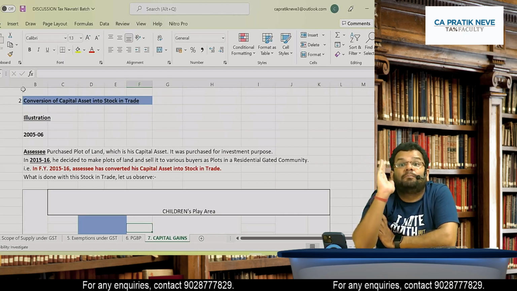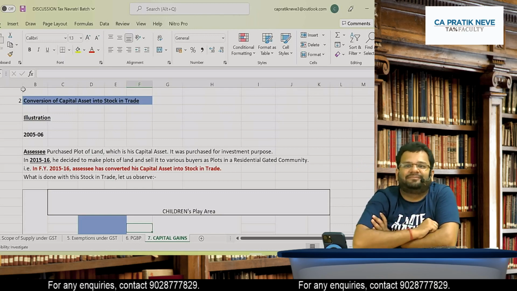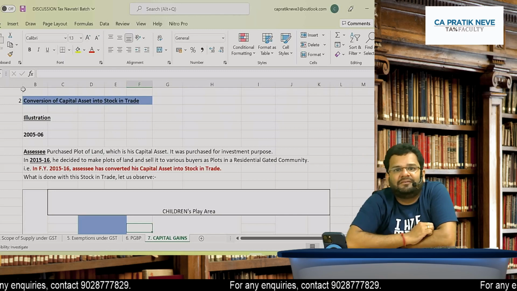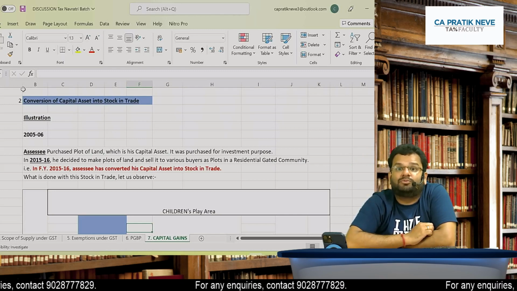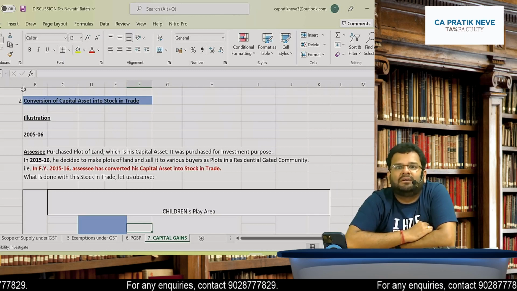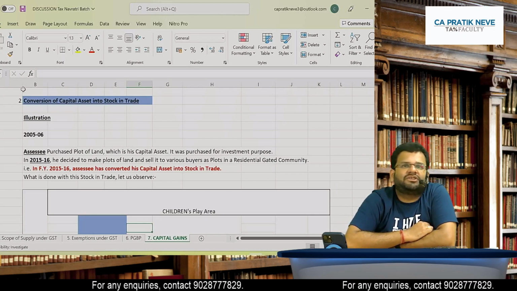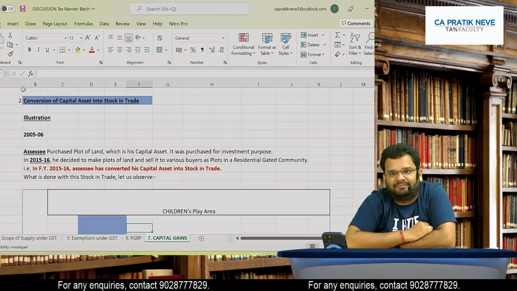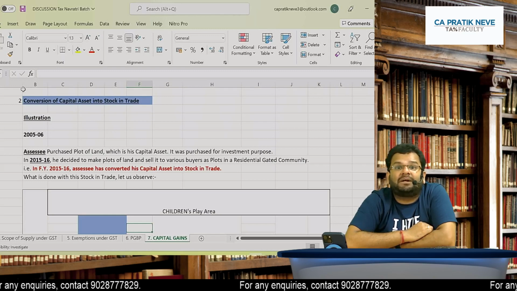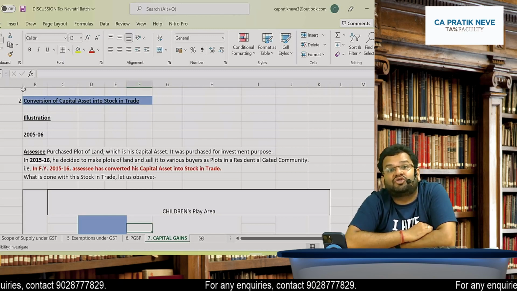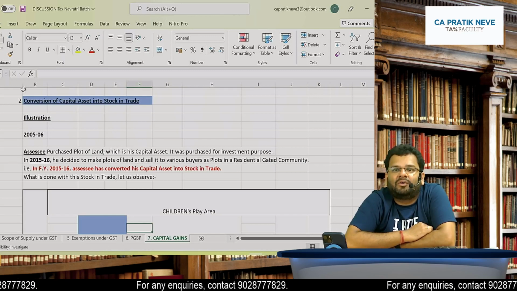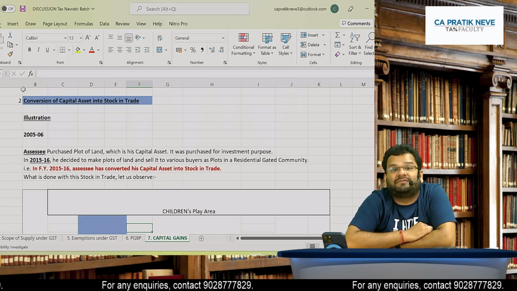Then compulsory acquisition, meaning the government compulsorily acquires your land because they want to do some metro project work, or conversion of a capital asset into stock in trade. The capital asset is not sold, but the capital asset is converted into stock in trade. That is also transfer. So it is a different case in itself.